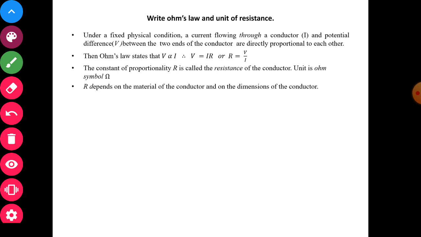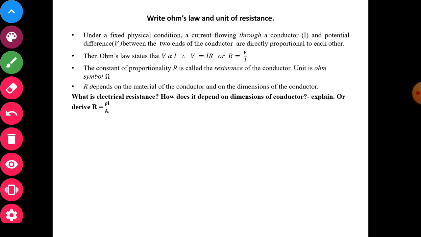If you have an aluminum wire and a copper wire of the same length and cross sectional area, then also the resistance will be different for both wires, because it depends on the material of the conductor. It also depends on the dimensions, that is the length and cross sectional area of the conductor. That is a later topic.